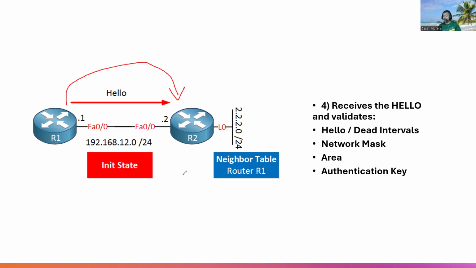So it receives the hello and it starts checking the hello timer intervals, the network mask, the area, and the authentication key. Basically, it's validating that all of this information is accurate, properly configured, and matching on both sides of the connection. Next, let's continue moving forward.